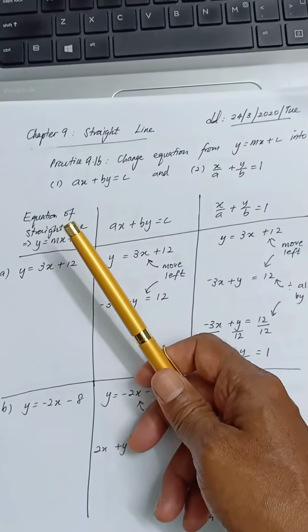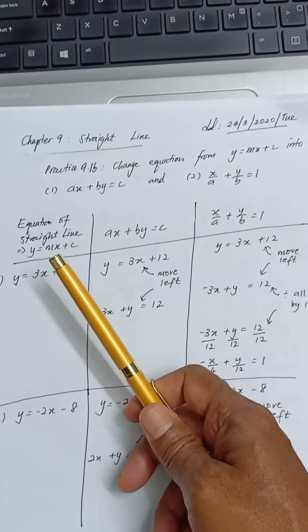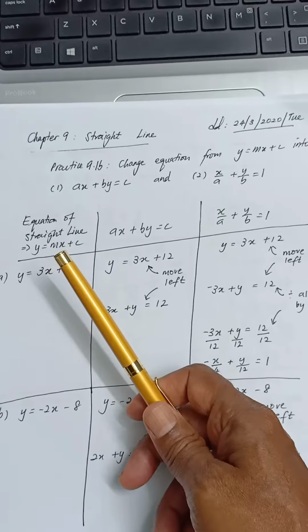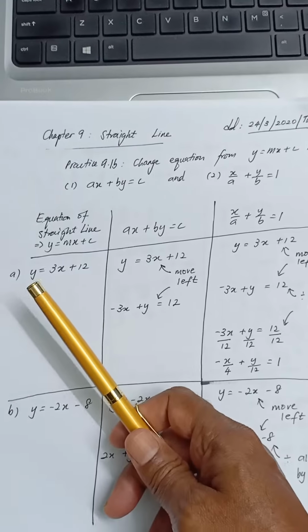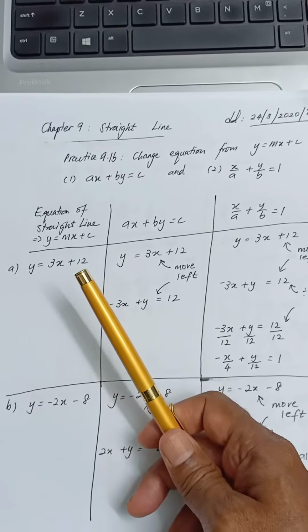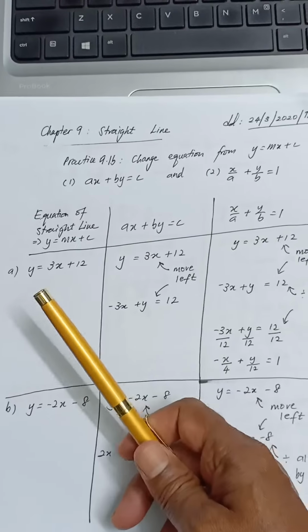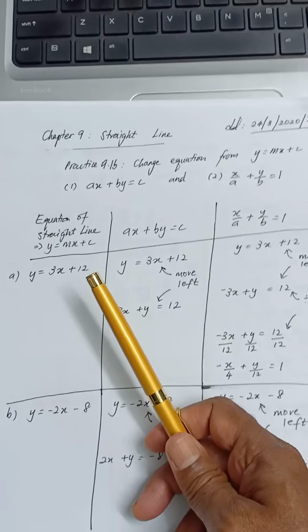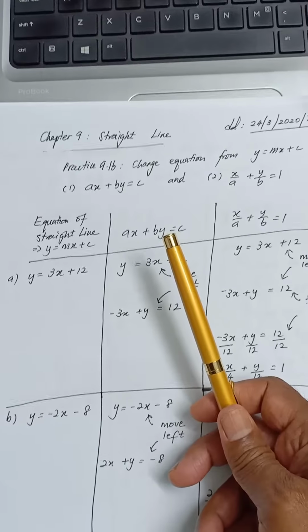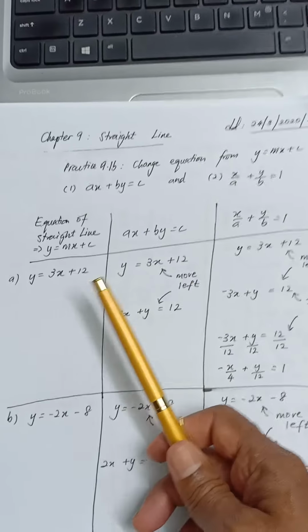The given equation of a straight line in the format y equals mx plus c is, for part a, y equals 3x plus 12. Can you see the m is the 3 here, the c is the 12 here. How to convert into this form?